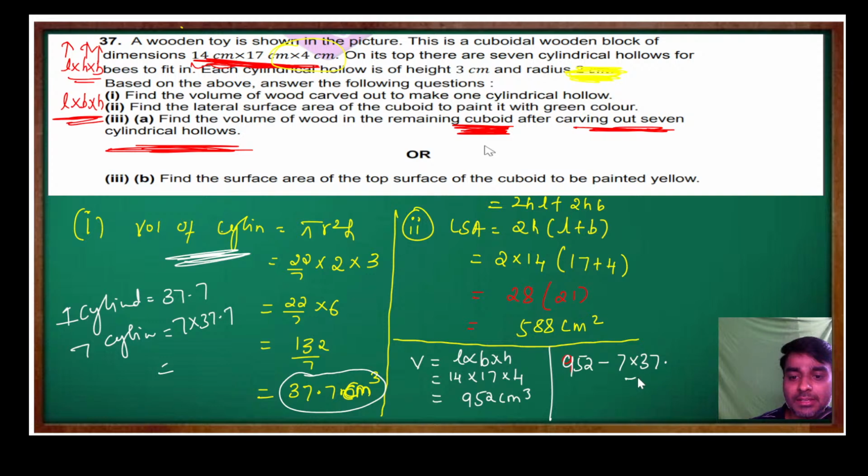So 952 minus 7 into 37.7, which will be around 263.9. If you remove this much, you will remain with 688.1 centimeter cube. That's the final answer, 688.1 centimeter cube. Clear?